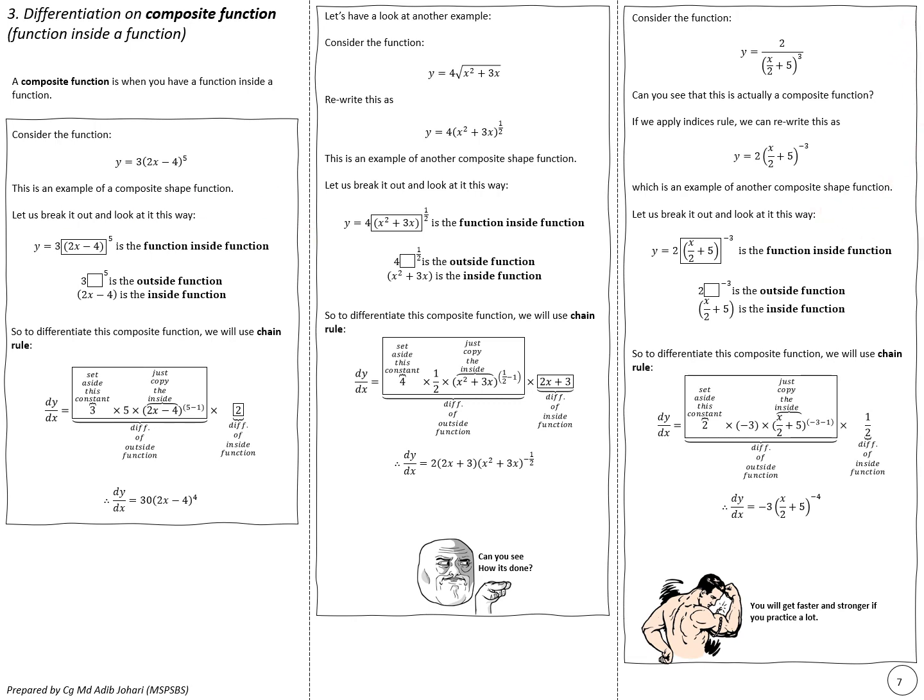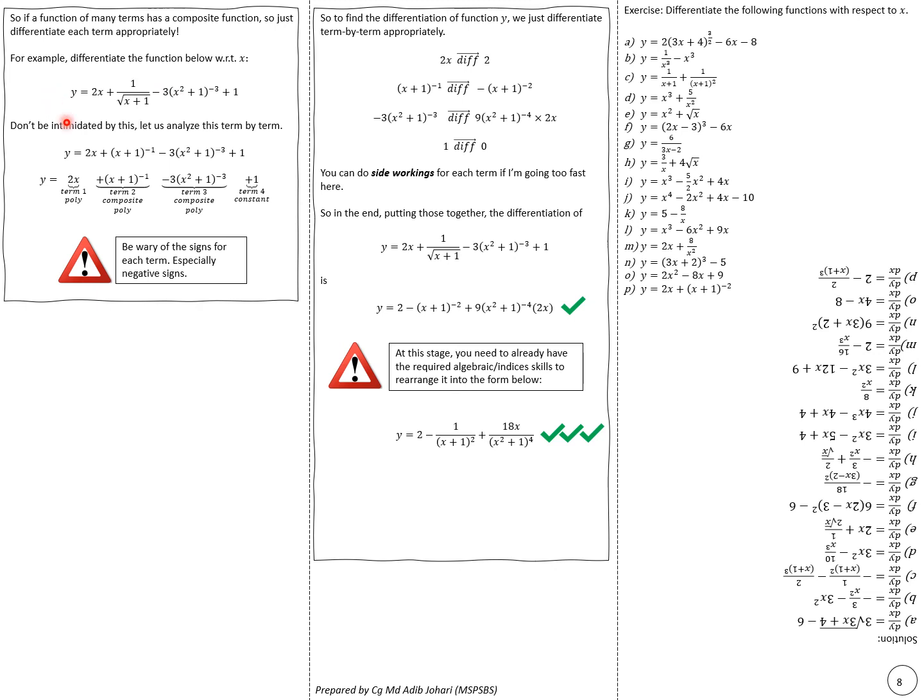If you look at this function, it looks complicated, but don't be scared by it. Just try to analyze it term by term. As you can see here, we have 4 terms. Term 1, term 2, term 3, and term 4. And then we analyze the terms one by one. So term 1 is just 2x. That's easy. It's just a normal polynomial.